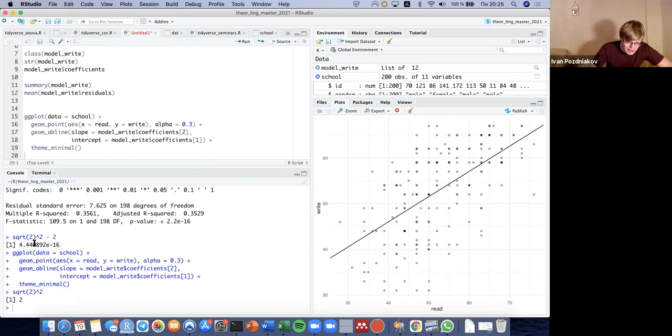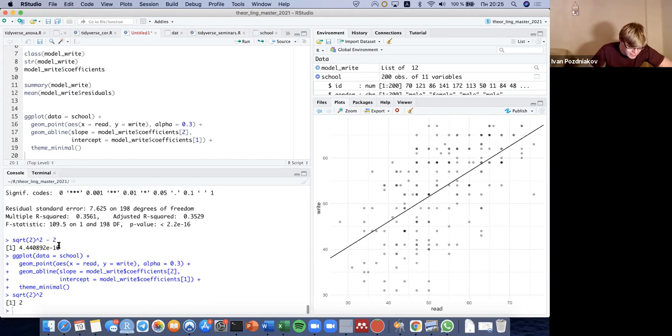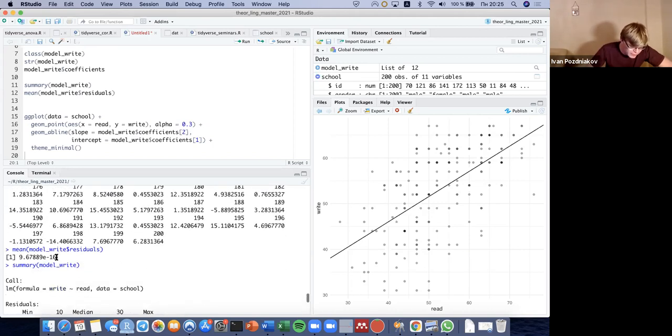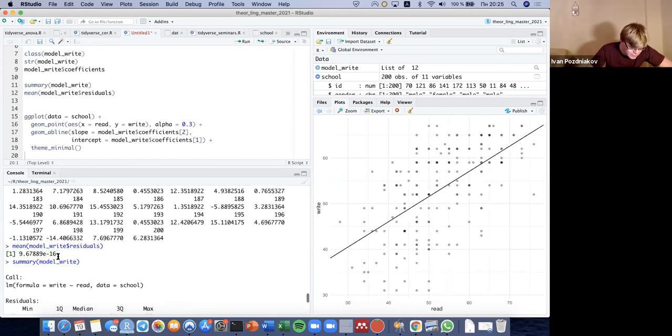But because computers are not precise, they give you a very, very small number, because these two numbers are actually recorded with different precision, and that gives you the small artifact. So this is more or less similar to this, right? You have here e minus 16.